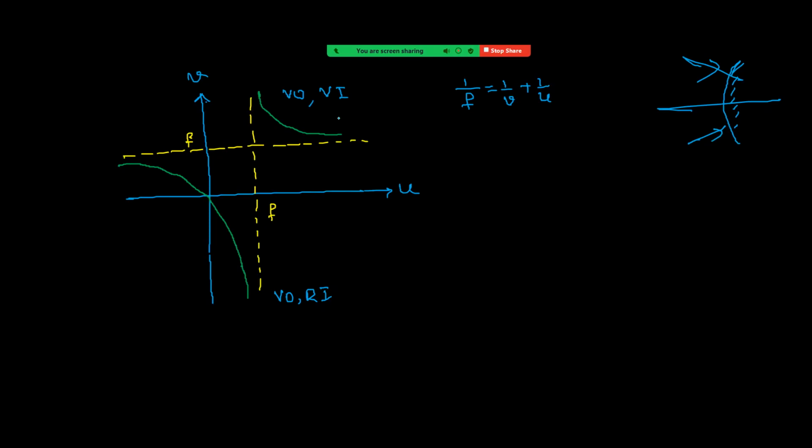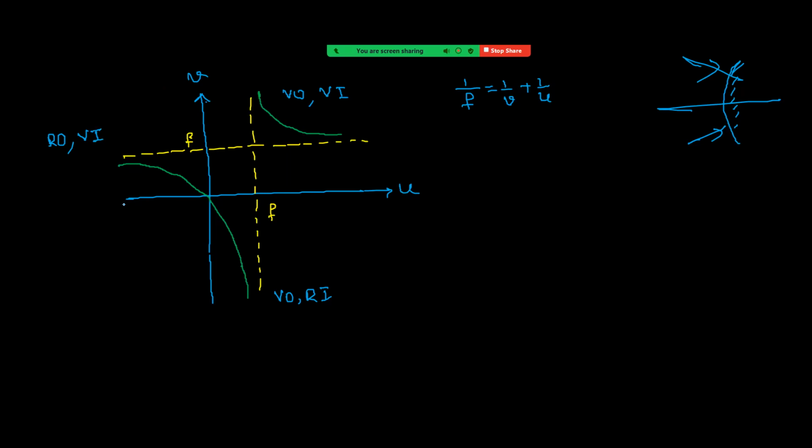Okay. So converging beam, it is now diverging. Converging beam, it is converging, right? Next, coming to second quadrant. Second quadrant, u negative. This is a real object. v positive. It is virtual image.